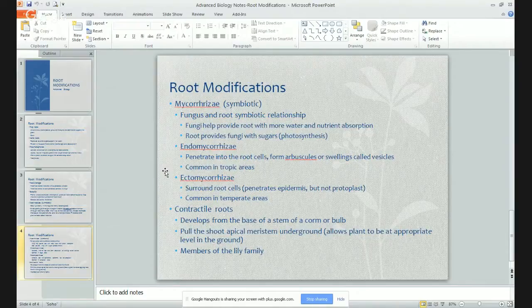There's two different versions of the mycorrhizae. You've got endomycorrhizae and ectomycorrhizae, and the prefixes kind of indicate to you whether or not the fungus goes into the root cells. Endomycorrhizae are obviously going to go into the root cells. That's from the endo prefix there.